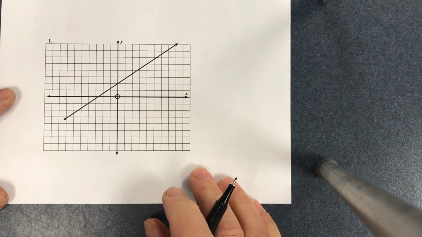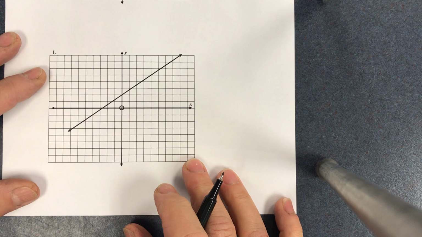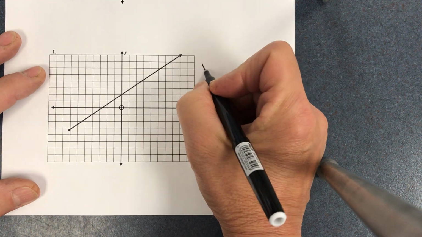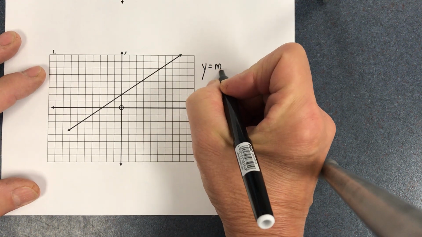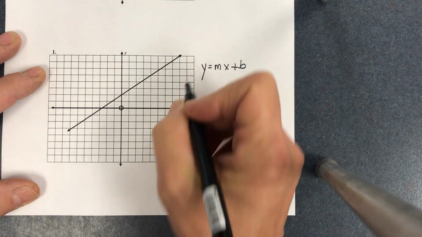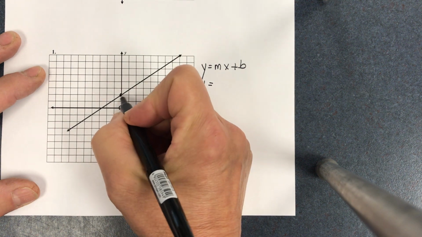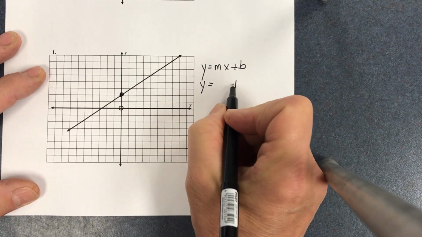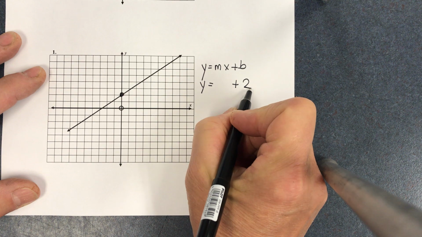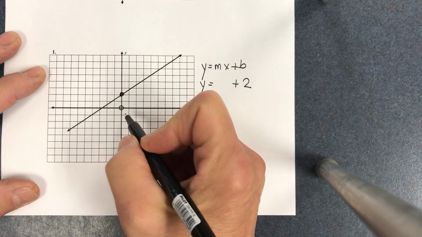Okay, again, one more example before we go on, and you're going to do your homework. We have our y is equal to mx plus b formula. Y is equal to, okay, so this crossed over at positive 2. I can see the slope is positive. Now I'm going to find my perfect intersection points.